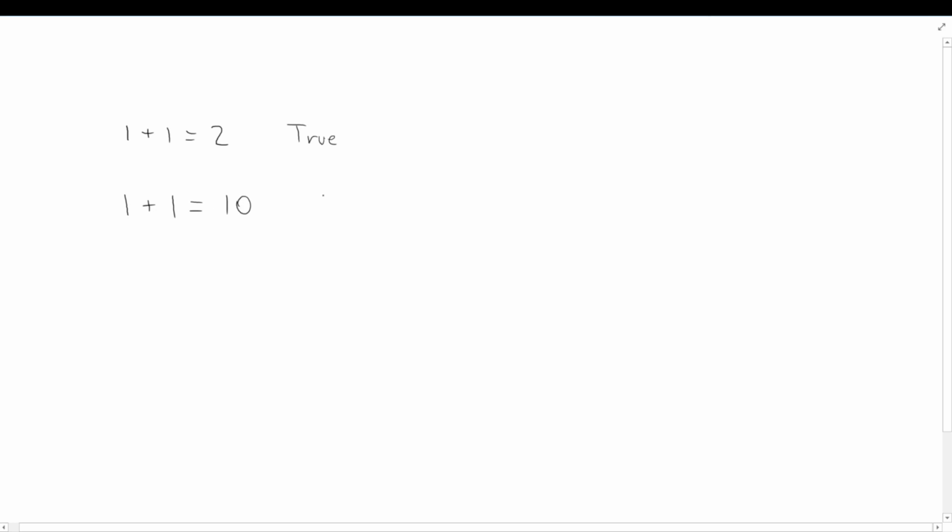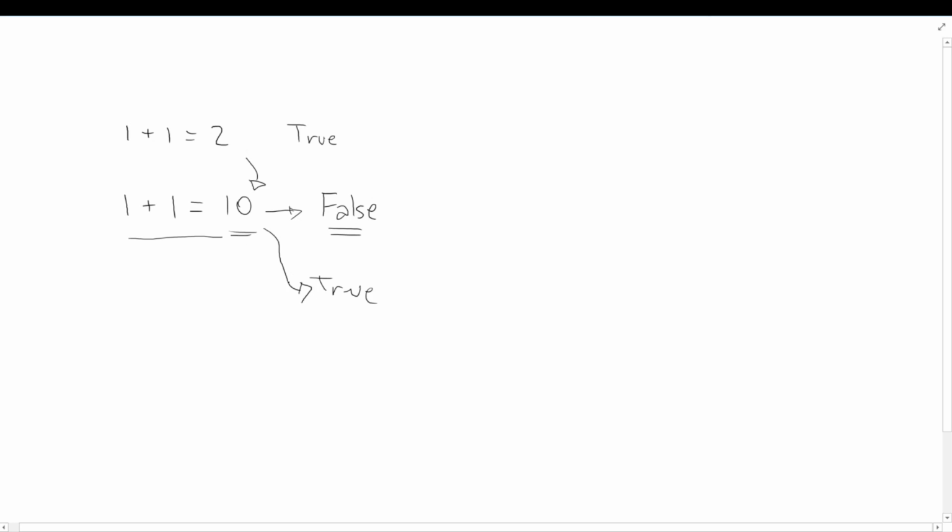Now, most of us, probably by instinct, should say this is false. But some of us, if you've got your philosophy cap on, or maybe your computer science cap on, might say, wait a second, what do you mean 10? Do you mean 10, or do you mean 2 written in binary? If this is written in binary, this is true.